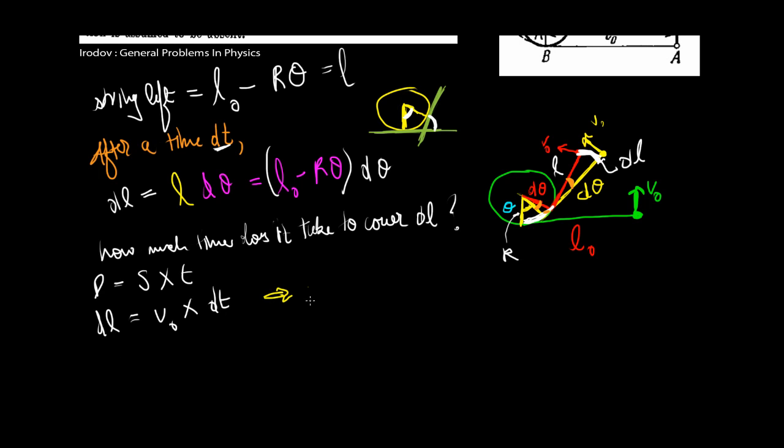This implies that dt will be dl over v0, and dl is L0 minus r theta times d theta.